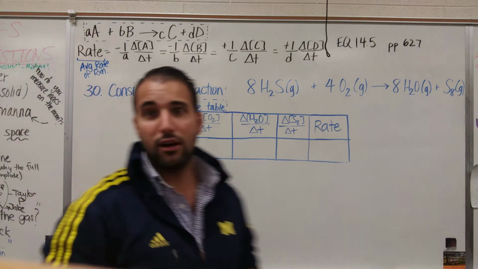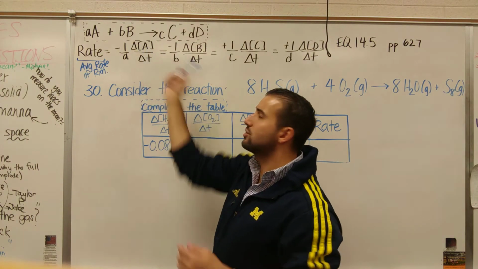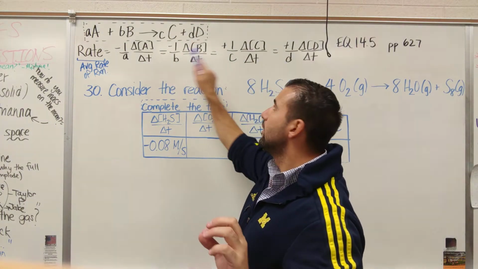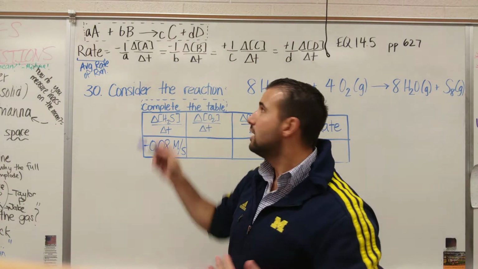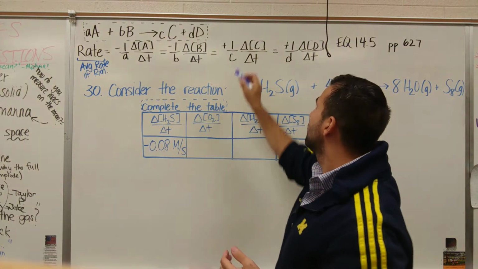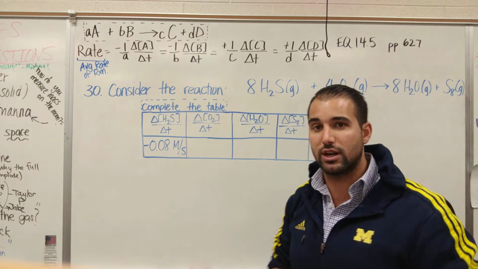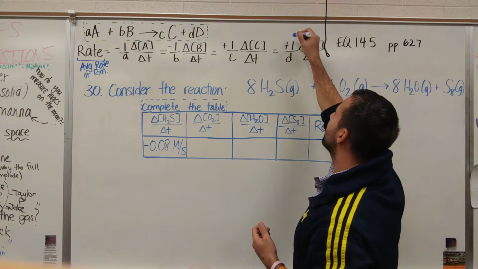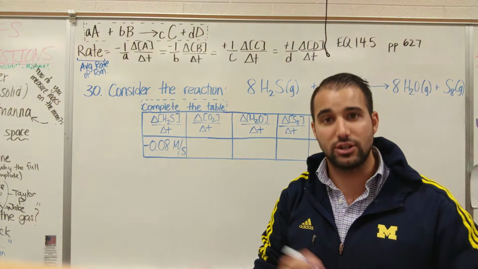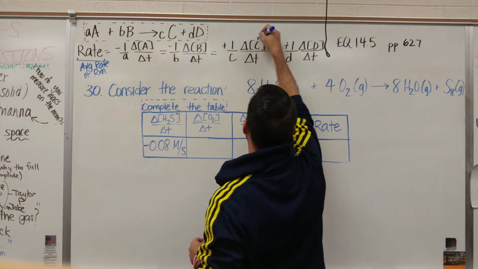So the average rate of the reaction would be -1 over a, change in the concentration of A over the change in T. It's also equal to, these are all equal to -1 over b, change in the concentration of B over the change in T, which is also equal to a positive 1 over c, change in the concentration of C over the change in T, and then which is also equal to positive 1 over d, change in the concentration of D over change in T. And just to make a note, my C's and D's here are my products.